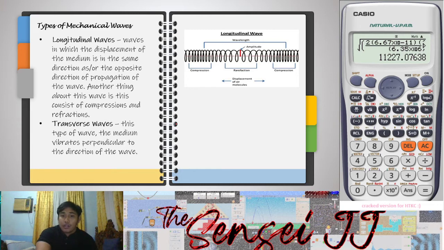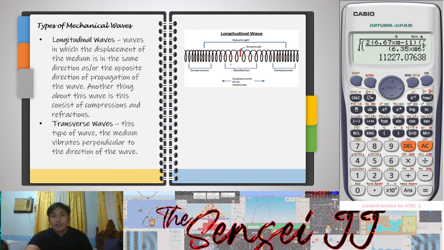from the transverse. Okay, so we have here the compression and we have the rarefaction. The compression is the shortened distance of our wavelength, and we have here the rarefaction, which is the stretch, just like the spring, and then there is also another compression.